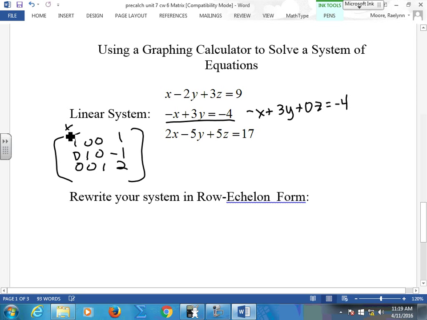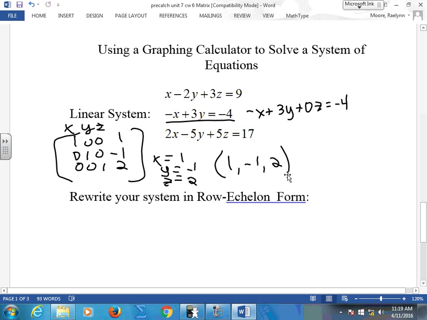Again, if it helps, put X, Y, Z up here. What's X equal to? 1. What's Y equal to? And Z is equal to? So again, we could write them up like this, just like a solution like we did before. Okay? That's how simple this is.